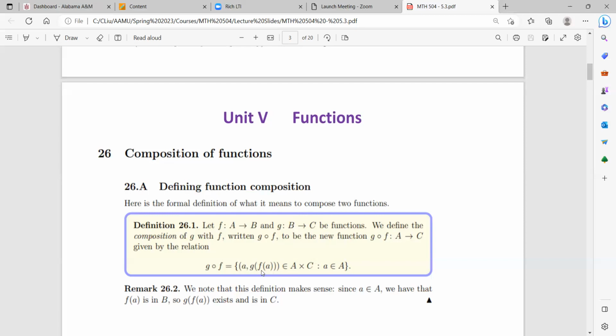It doesn't have to give you a function. In general, we can only say it's a relation, where the coordinates of each ordered pair have some relation like this. So that makes sense.